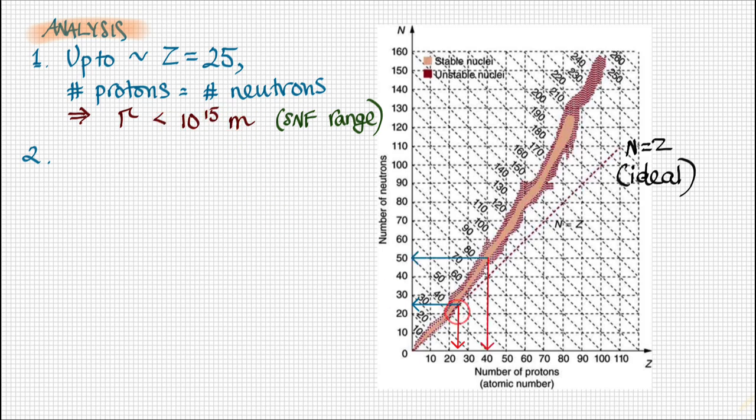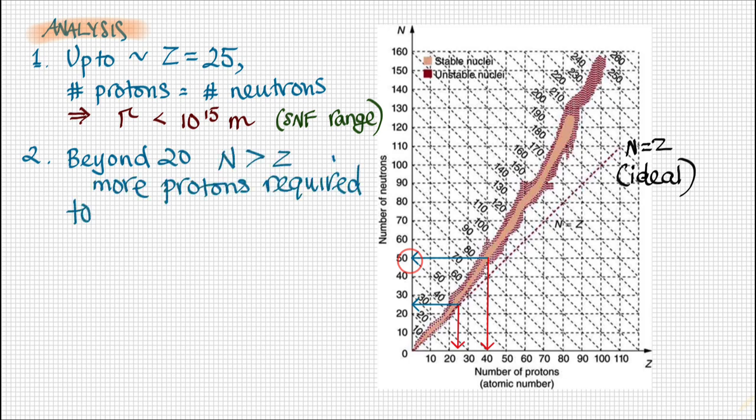As we begin to increase the number of protons, so here we're at 40, you can see the number of neutrons required all of a sudden increases to 50. From this we can say that beyond 20, so anywhere from 20 all along through 40, more neutrons are required to increase the strong nuclear force so that the nucleus remains fairly stable.